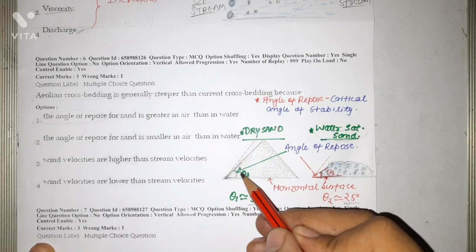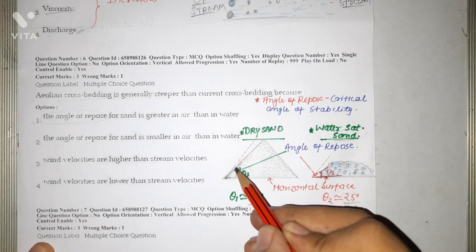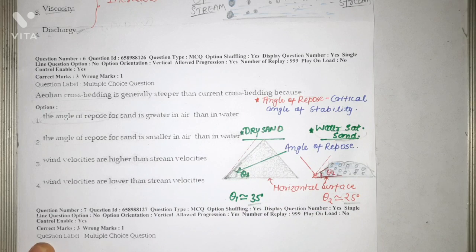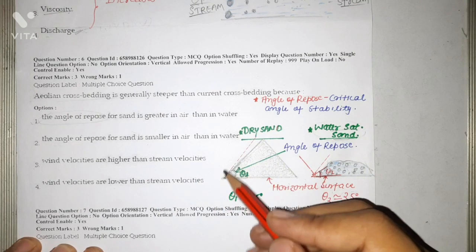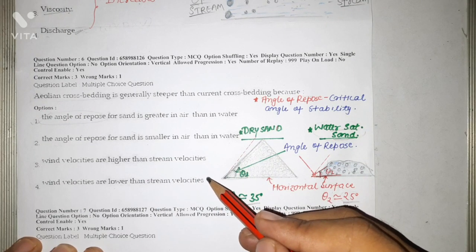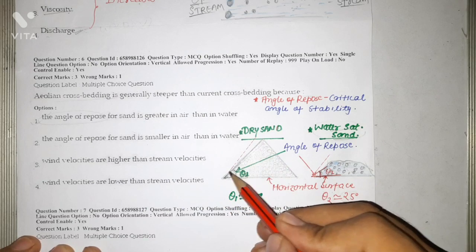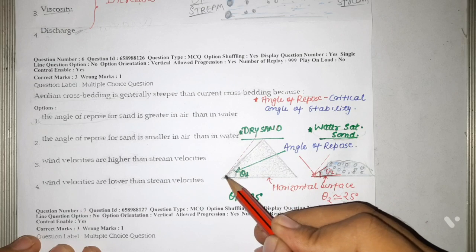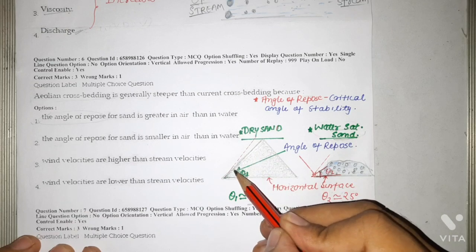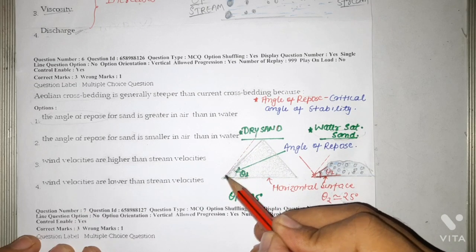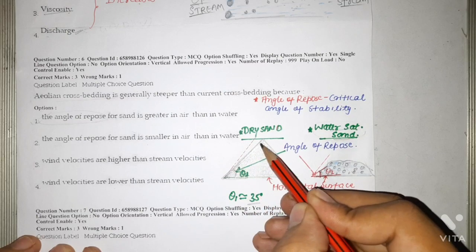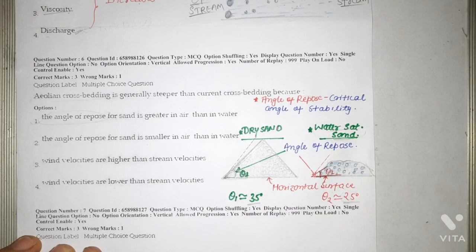By increasing a few degrees of this, grains or particles will collapse, which reduces the gradient to one at which the slope is stable again. So if this angle is the angle of repose, then at this slope, or at this surface, grains or particles will be stable.